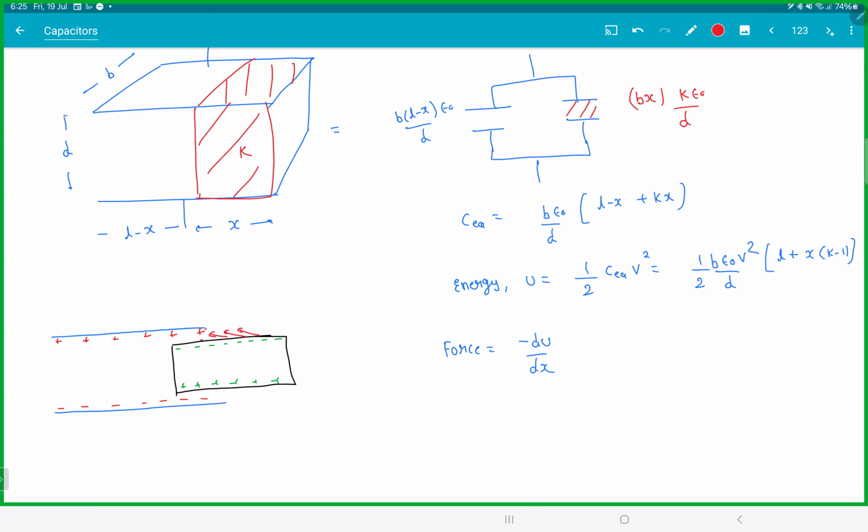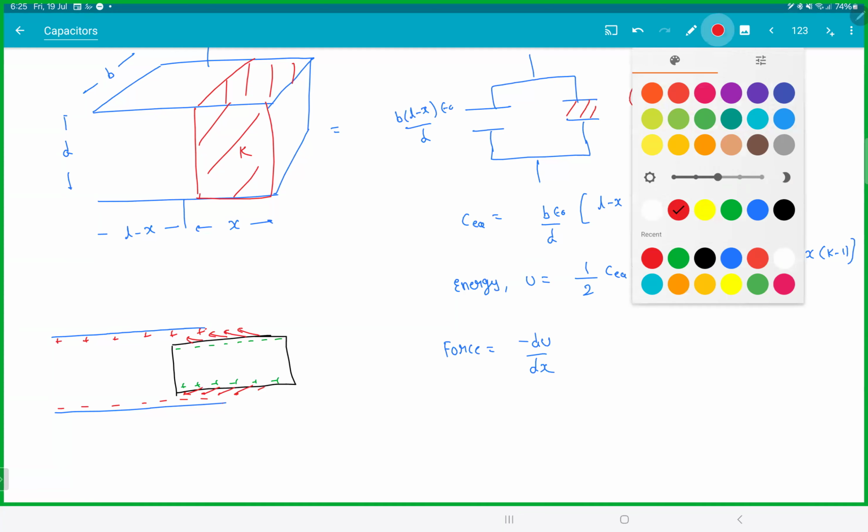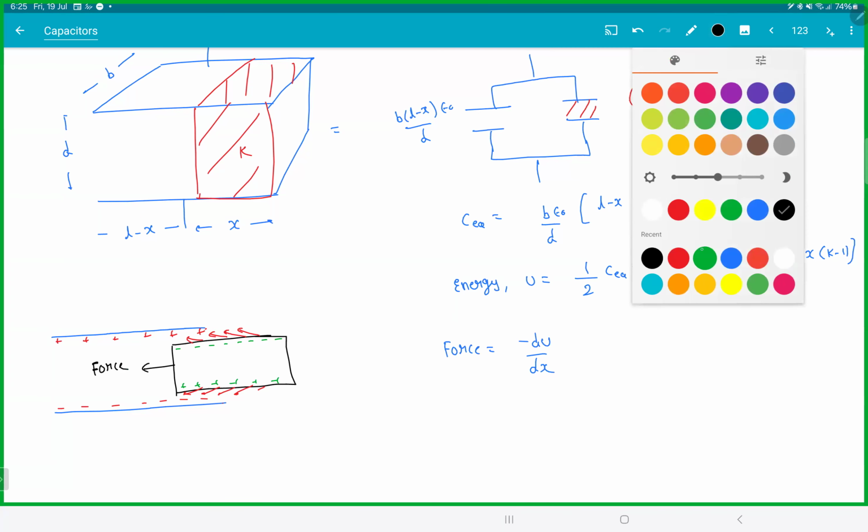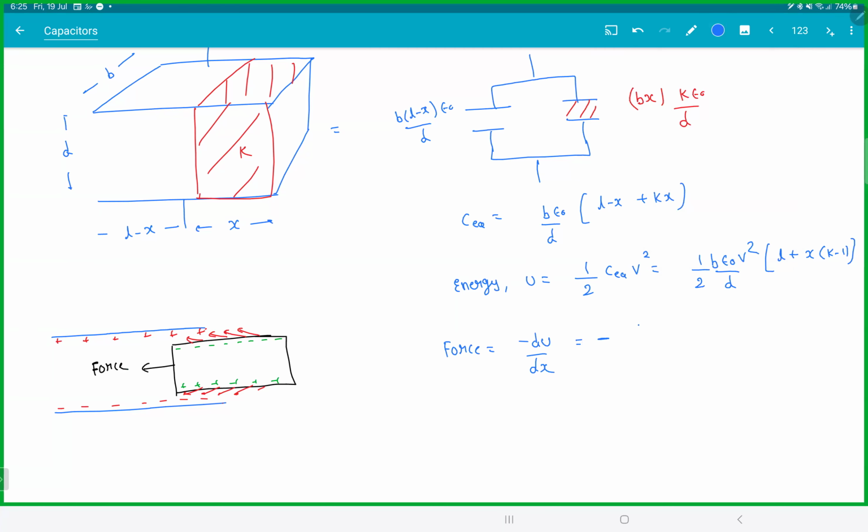These positive charges get attracted towards the negative like this. This results in a force into the slab. The induced charges get attracted at an angle, and this force will be inward. So that force is given by minus dU by dx. You get minus B epsilon V square by 2d into k minus 1. And interestingly, this is constant. This is a constant force, and negative indicates attraction.